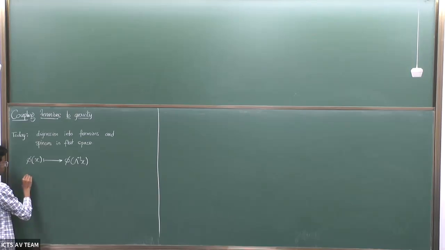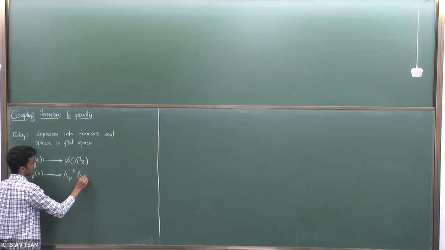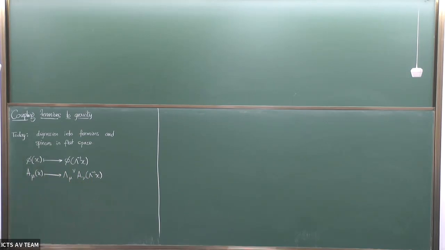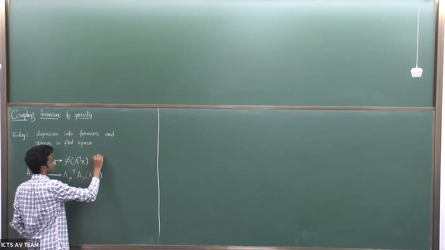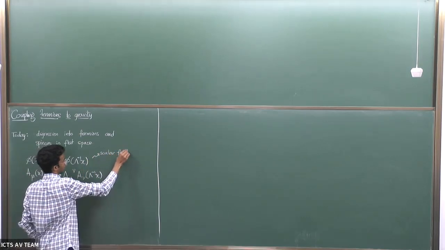And a vector field A mu will transform as lambda mu nu, A nu, of lambda inverse x. So this is a scalar field. This is a vector field.